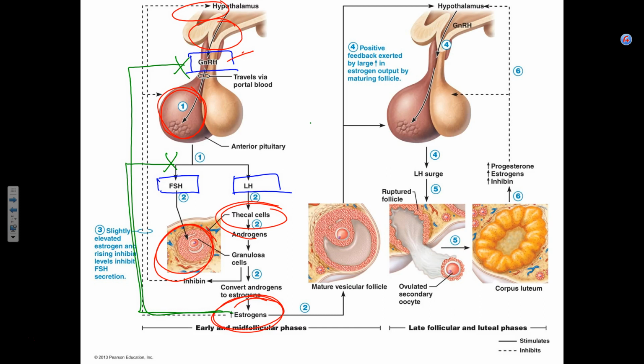Does that make sense? It doesn't stop. You have to understand it doesn't stop. It just kind of controls it very tightly. However, in the meantime, what happens to the size of the follicle? What do you think?